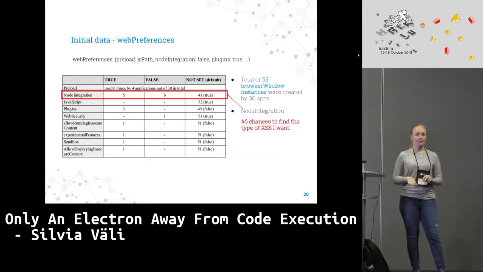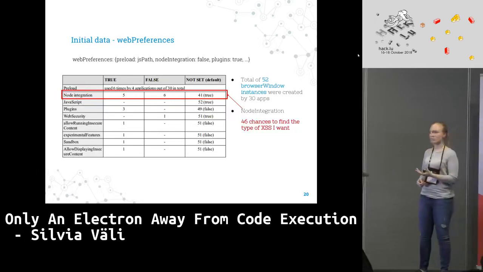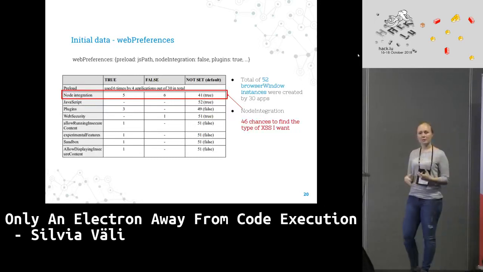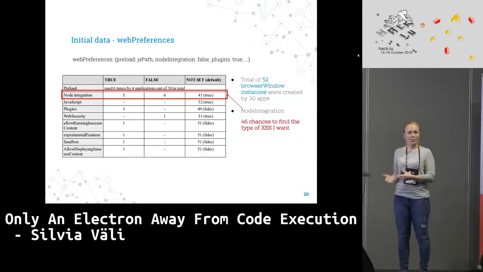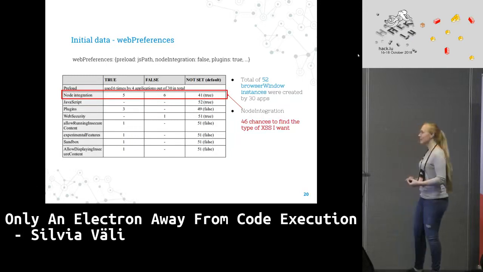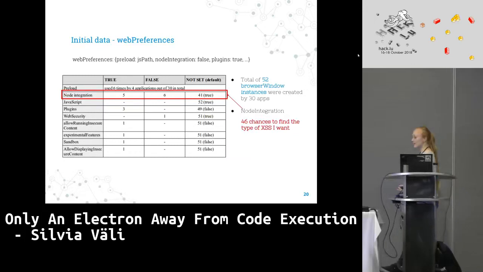It wasn't there. Then in 5 cases, the developers had actually gone ahead and set the node integration option to true. However, if you remember, by default, Electron applications and their renderer processes already launch with that option set to true anyway, so that would not make any difference. And in 6 cases, I think developers actually understood what this option does and why it is there.